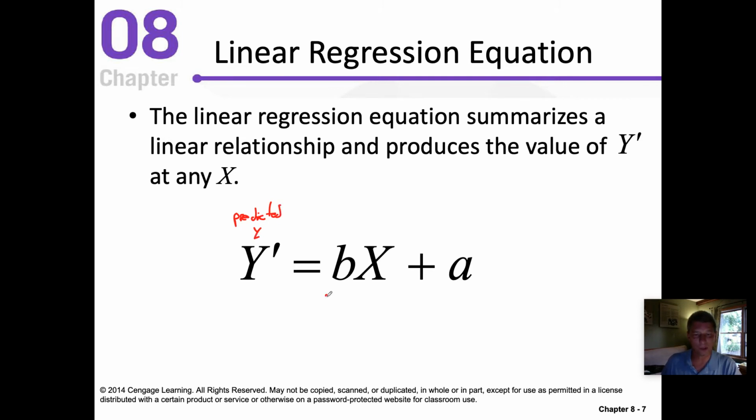This b is the slope of the regression line. X is the x value at whatever you happen to be looking at, and a is the y-intercept.